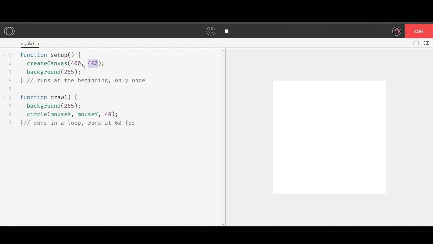I can put window width, window height, display width, display height, and with these ways I'm able to make the canvas a bit more scalable and modular, because although I have like 400 and 400 and it fits quite perfectly on my computer screen, I'm not quite sure if I would be able to view 400 and 400 pixels on my mobile phone, and I'm definitely going to need different sizing properties for this one.